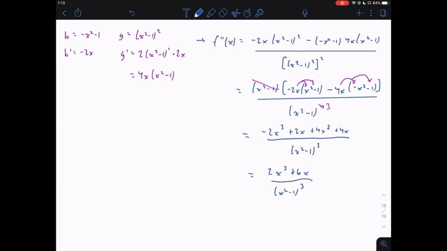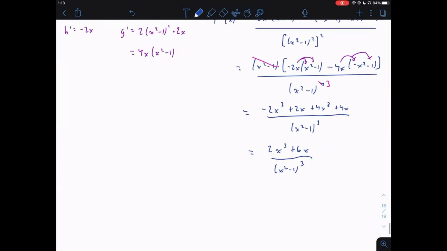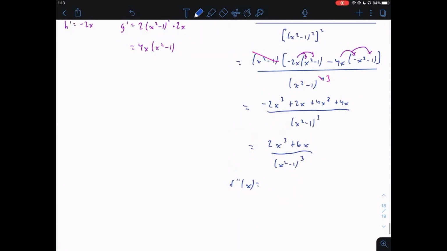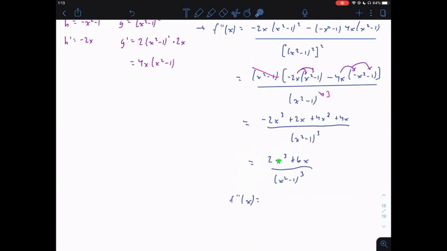Okay, and while we're at it, let's factor the numerator out. What do these two terms on top have in common? They have a common factor of 2 and also a common factor of x. So let's take out a 2x from the top. So 2x times x squared plus 3, all over x squared minus 1 cubed.